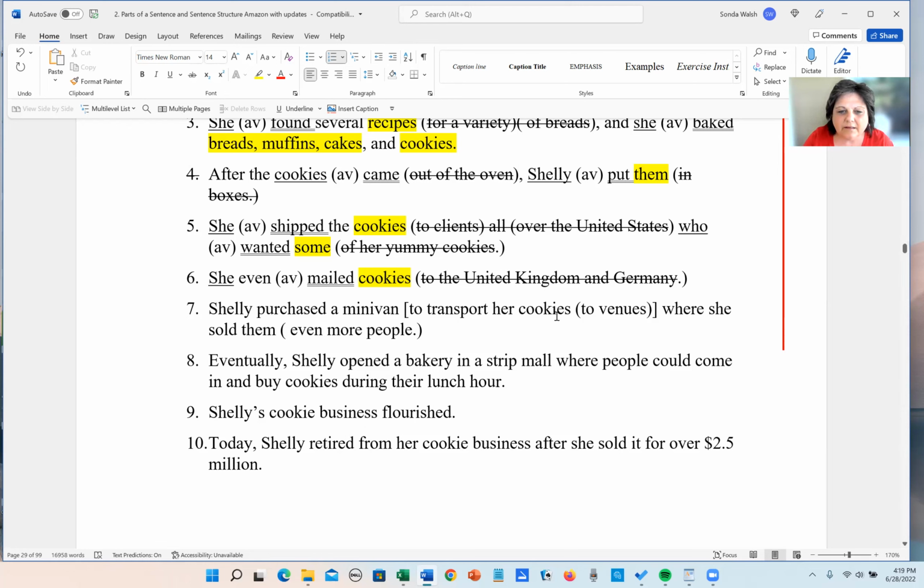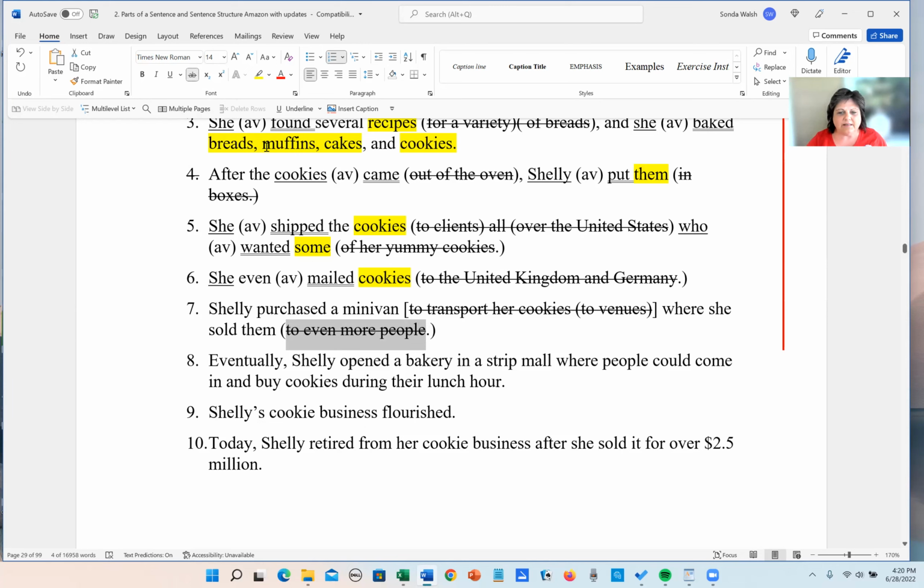Okay. So we have to transport her cookies to venues. That is an infinitive phrase with a prepositional phrase inside. And to even more people is a prepositional phrase. Okay.